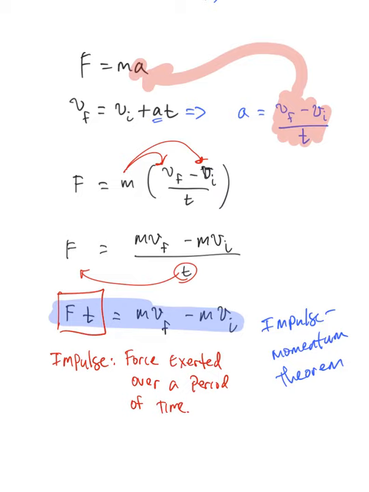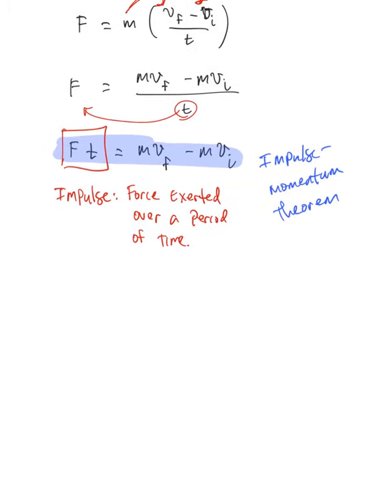The symbol for impulse is the letter J. And so I could say J equals F times t. That is the impulse right here. The unit here is newtons times seconds. F is in newtons, t is in seconds, so it's newton times seconds.